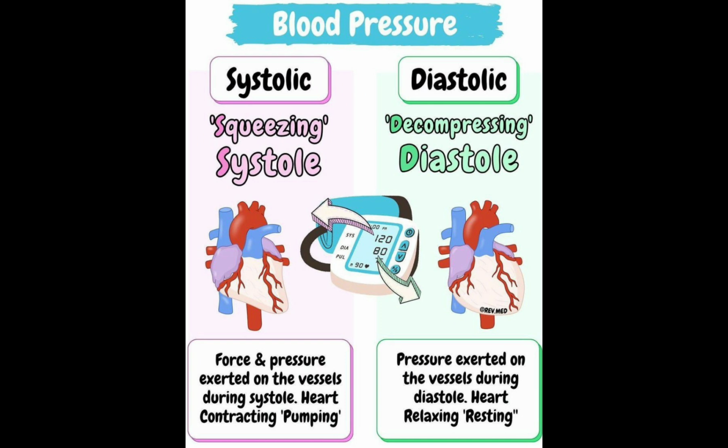This diagram also clearly shows the two components of blood pressure, the systolic blood pressure and the diastolic blood pressure. The systolic blood pressure occurs during systole, when the heart squeezes, the force and pressure exerted on vessels during systole. The diastolic blood pressure occurs during diastole, or the decompression of the heart, the pressure exerted on vessels during the resting or relaxing phase.